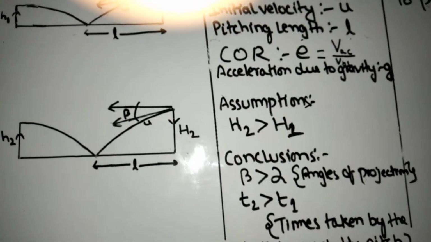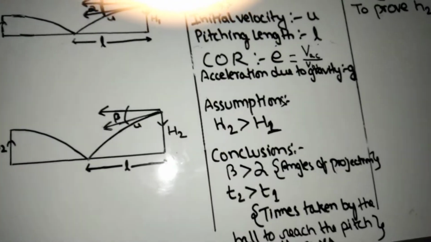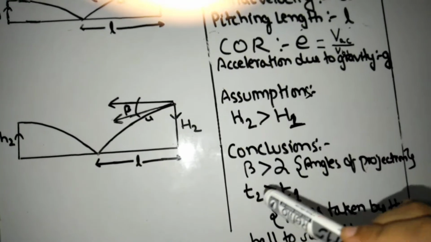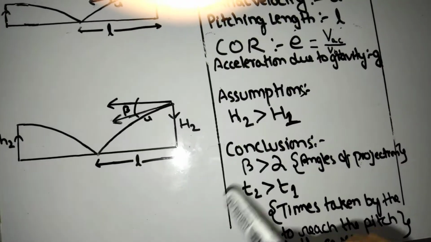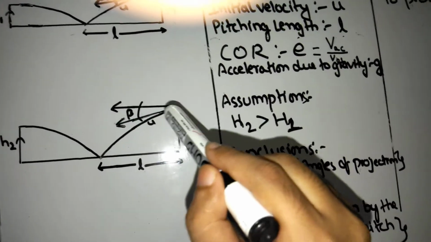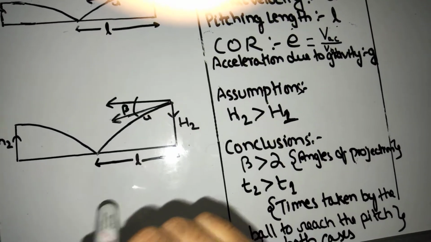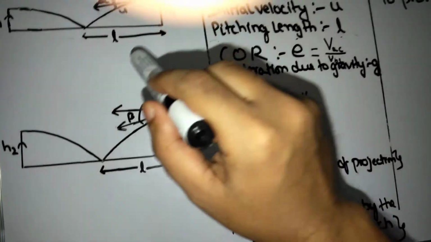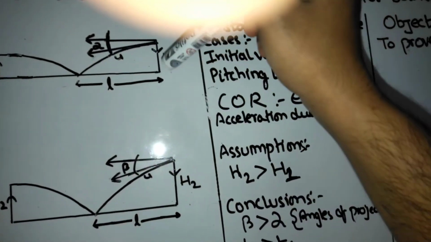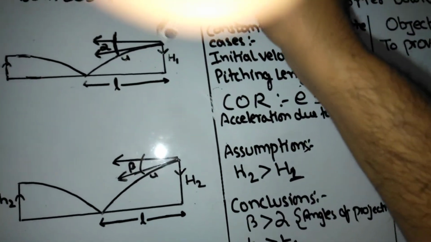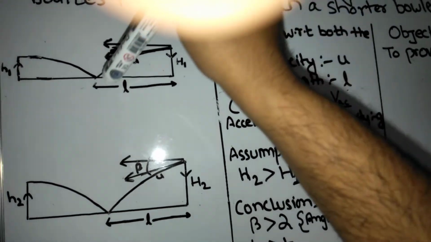Similarly, the time taken by the ball in case 2 to reach the pitching point is greater than the time taken by the ball to reach the pitching point in case 1.